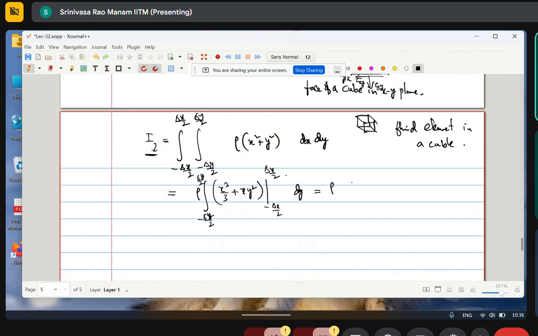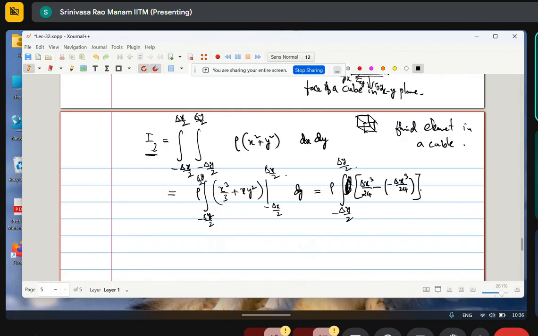A rho, let's do, okay? So minus delta y by 2 to delta y by 2. This will be delta x cube by 8, by 24, right? Delta x cube by 24 minus of minus delta x cube by 24. By 3, 1 by 3. That 3 is also taken care of.